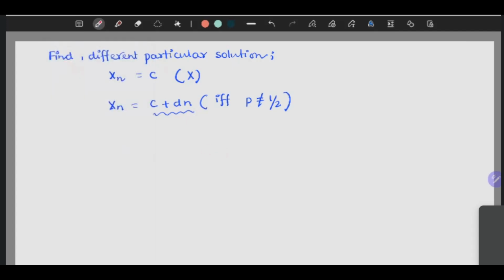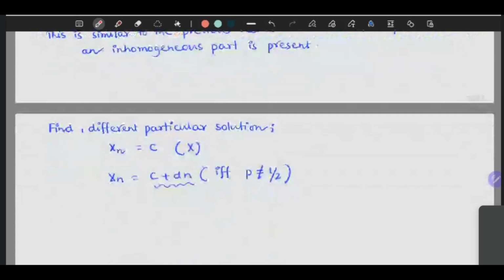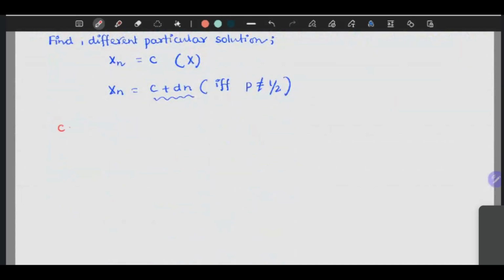So if you plug it in this relation, then c plus dn is equal to 1 plus (1 minus p) times (c plus d times (n minus 1)) plus p times (c plus d times (n plus 1)).